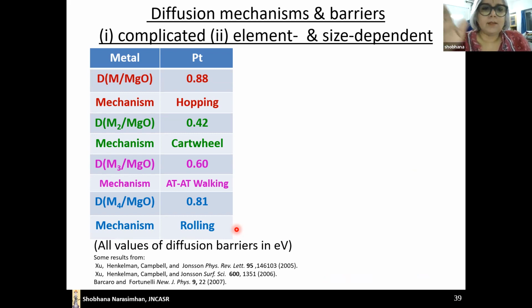So it's quite a messy scenario. For example, here I've just put the results for platinum, and I've said the mechanism by which it will move. So this is a hopping mechanism, a cartwheel mechanism, what I call AT-AT walking, and what I call rolling. I'll show you pictures, I'll show you videos of what all these mechanisms are in just a minute.